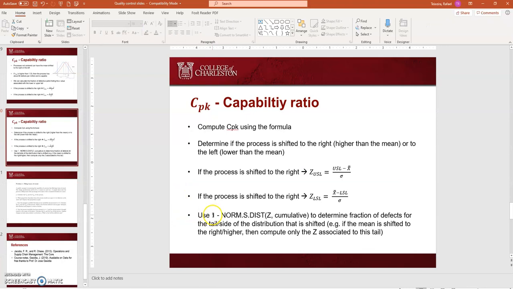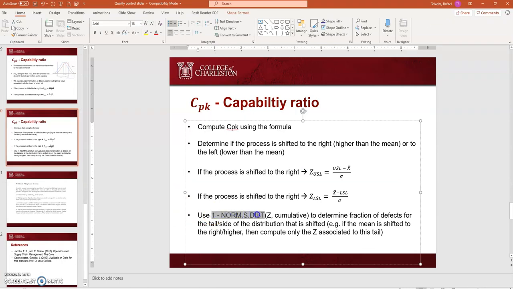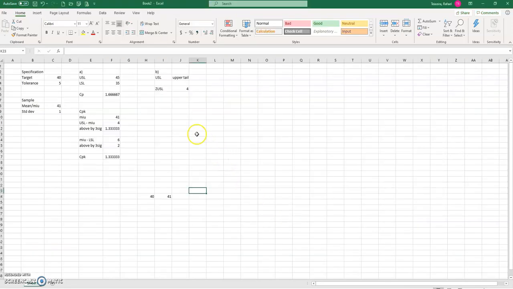We're going to use this formula, 1 minus NORM.S.DIST, to compute the fraction that is defective.